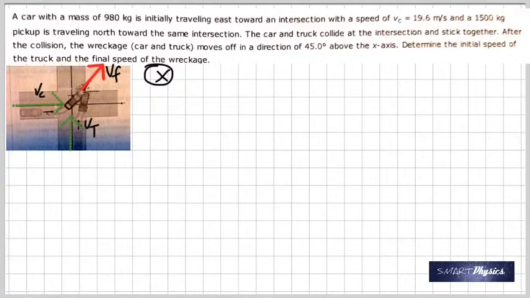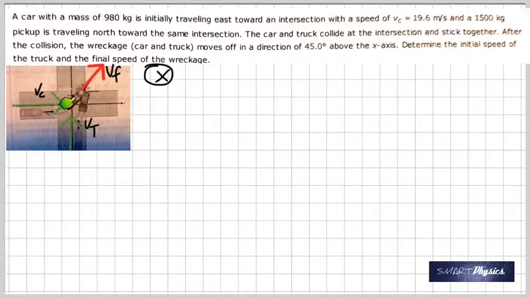Now in this case, you will have to look at the conservation of momentum first along the x-axis and then along the y-axis. What is the initial momentum along the x-axis? We know that the car is the one that's moving along the x-axis, and its initial momentum is its mass times velocity.